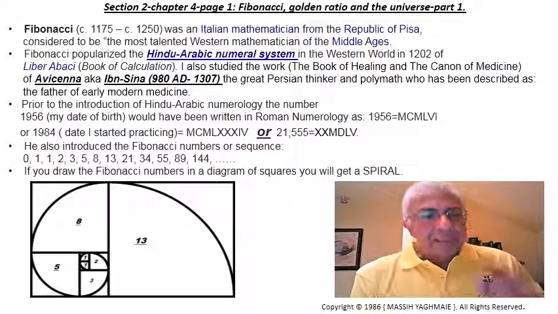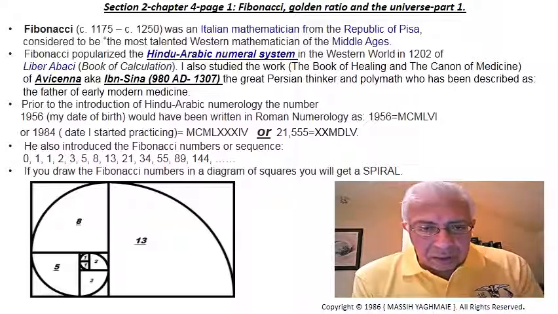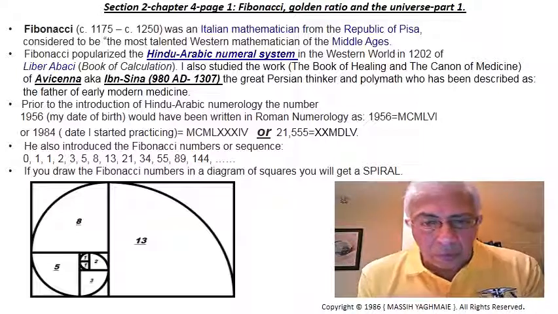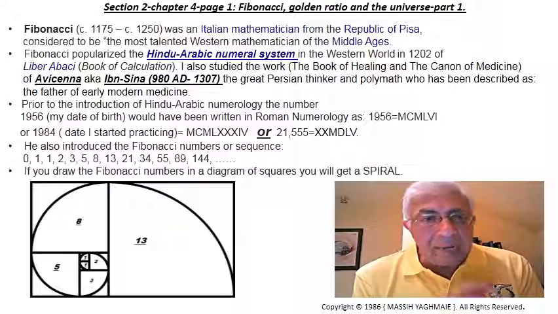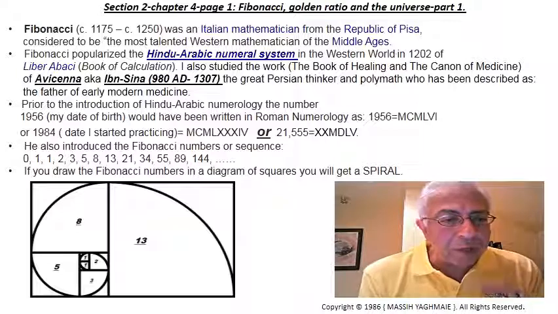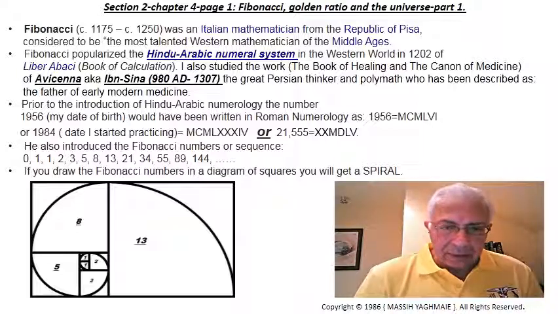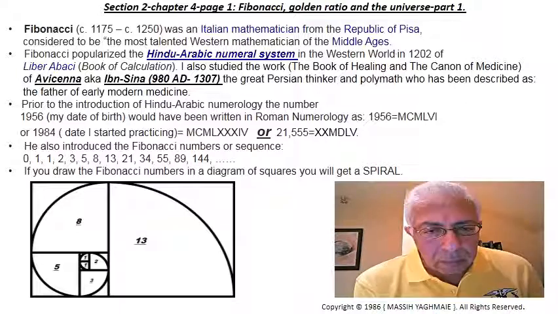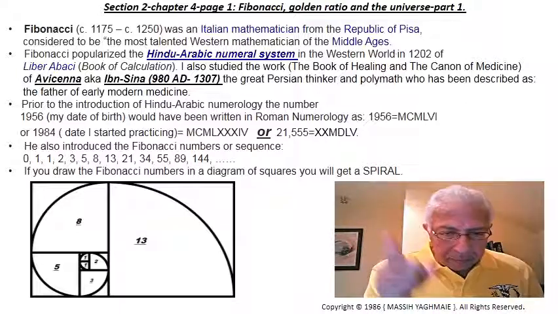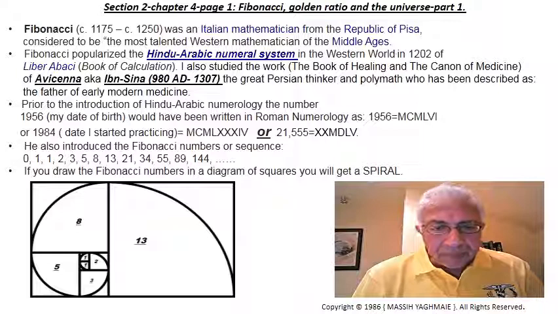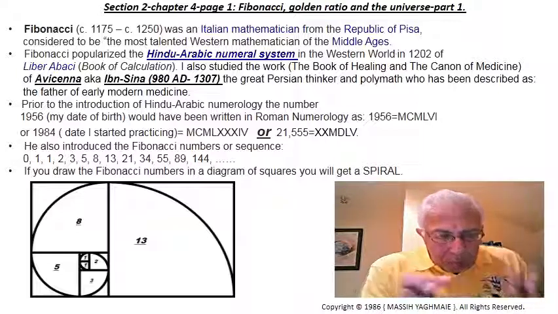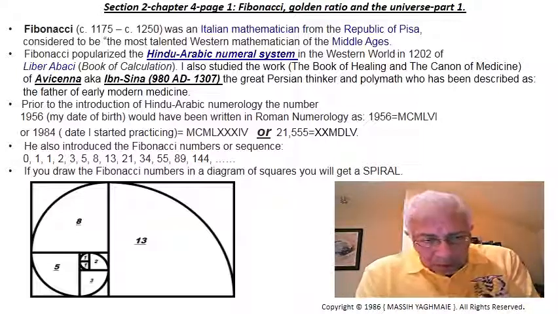Now, the interesting thing about the Fibonacci numbers: he wrote about them in a book called Liber Abaci, a book of calculation, and that's where the word abacus comes from. The Fibonacci sequence starts with 0 and 1.